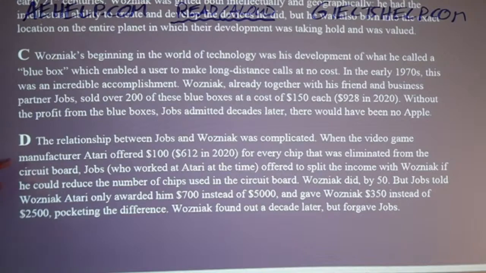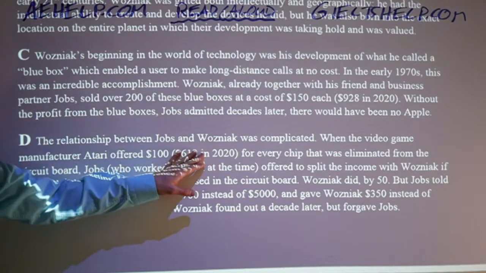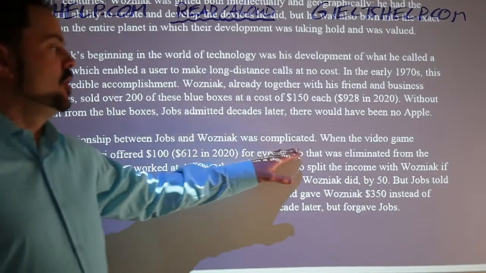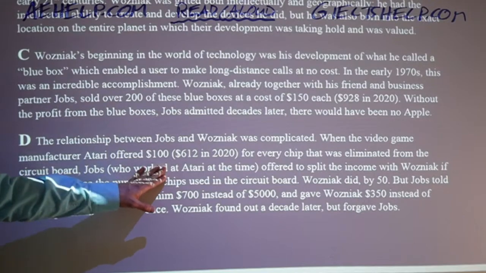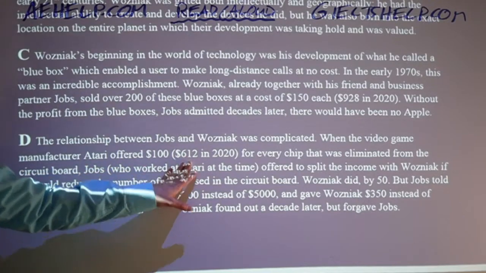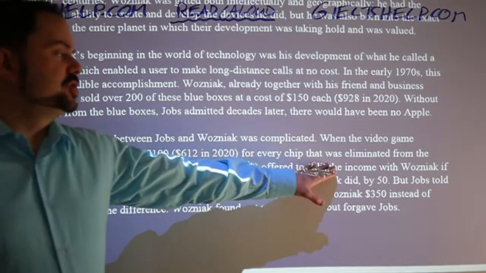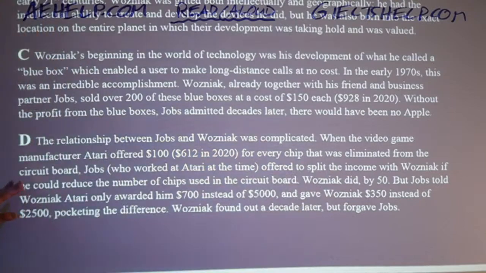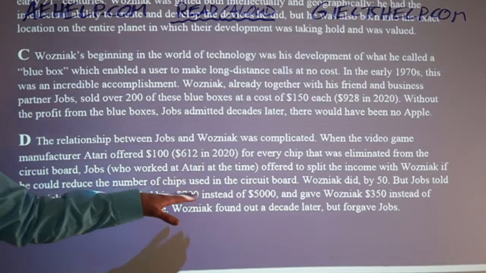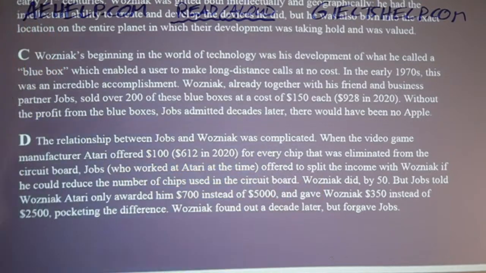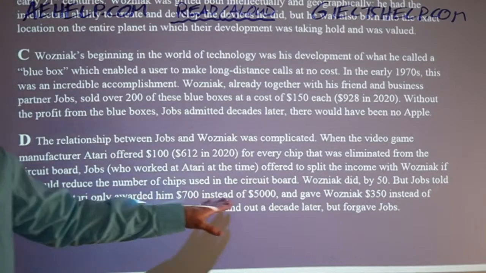Let's keep going. D. The relationship between Jobs and Wozniak was complicated. When the video game manufacturer Atari offered $100, which would be $612 in 2020, for every chip that was eliminated from the circuit board, Jobs, who worked at Atari at the time, offered to split the income with Wozniak if he could reduce the number of chips used in the circuit board.